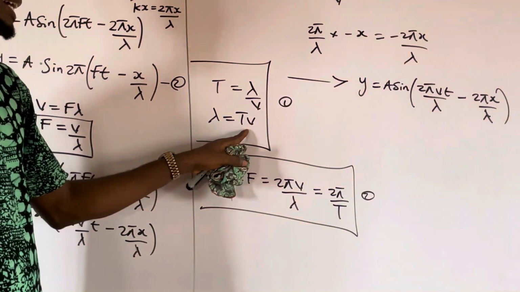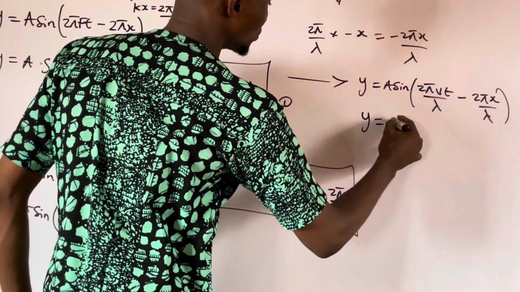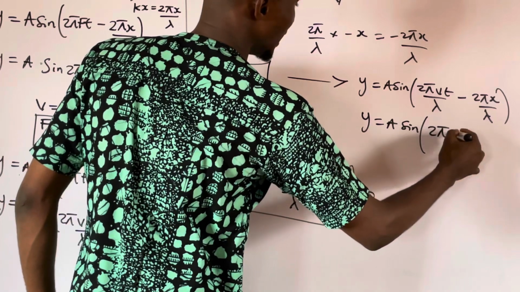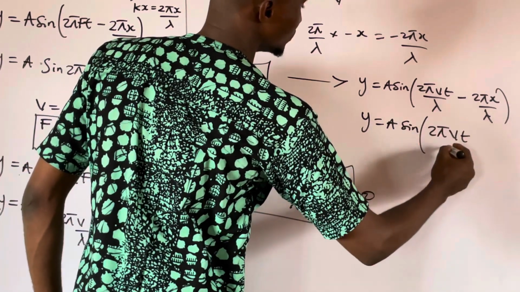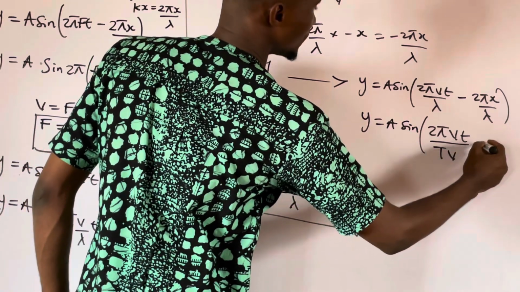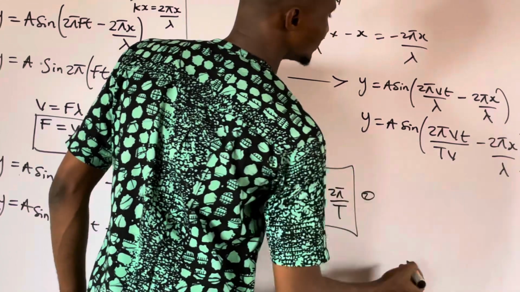So I'm going to say y equals a sine bracket 2 pi vt over Tv, right? Minus 2 pi x over lambda, right?